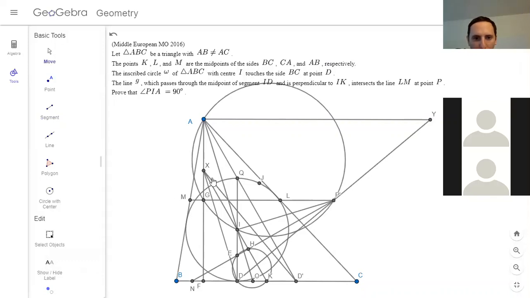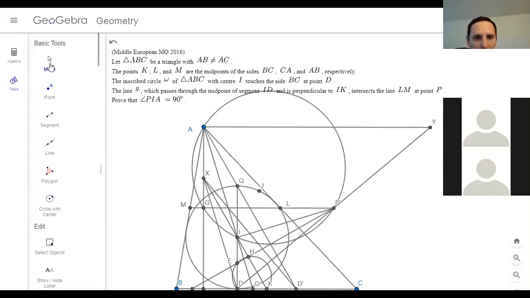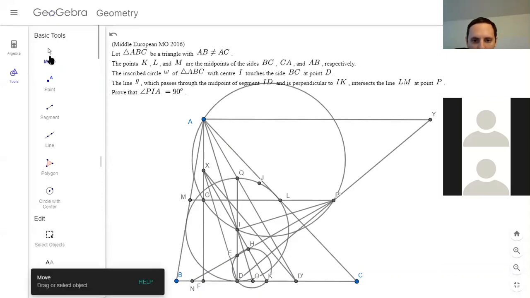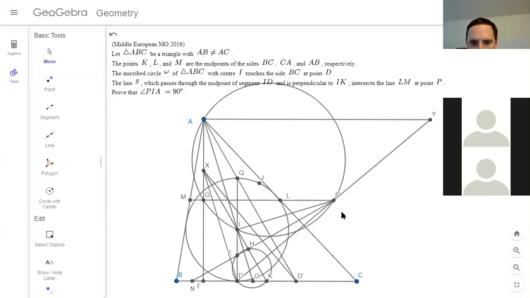But I like this point X here because it means we want to show XDD' is similar to PID. EP' is parallel to IY. That's interesting. EP', well, how could that be? EP' and Y are collinear.